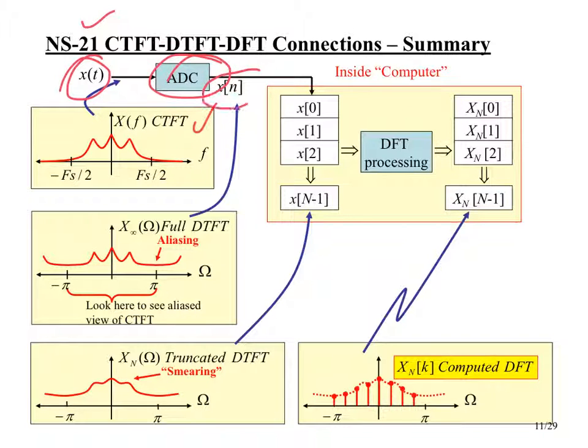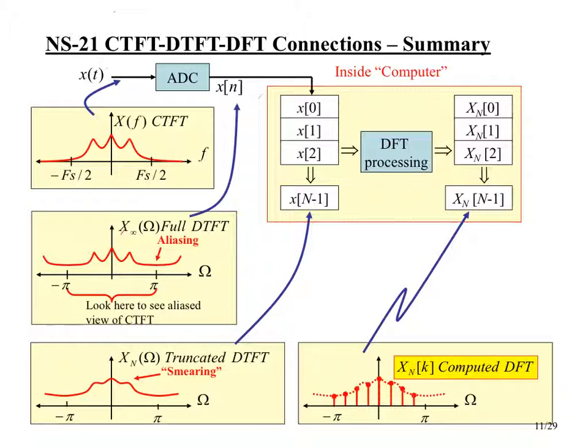So if we imagine this discrete time signal being infinite in duration, that's why I have the sub-infinity here. So we've got that thing coming out of the A to D converter, and theoretically we're thinking about that. So remember, everything on the left-hand side here, these three yellow boxes on the left-hand side, are things that we don't do in an actual processor, but we think about them as we're thinking about designing and implementing that processor.